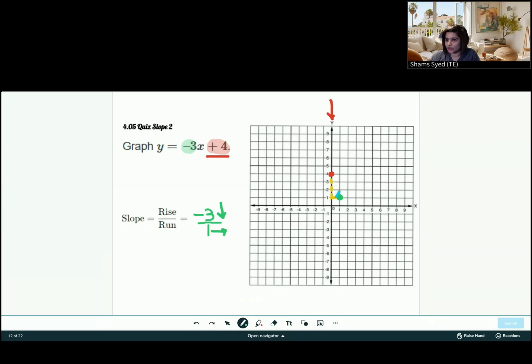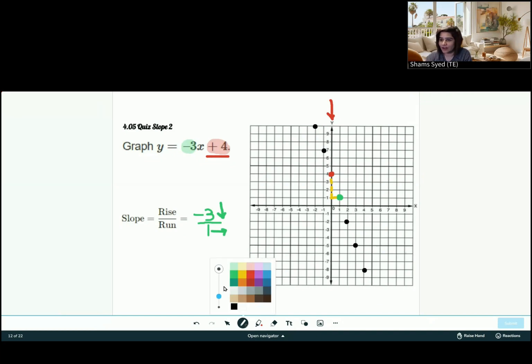Down 3 over 1. If you want, you can also create a lot more points out of this technique. Go down 3 over 1, down 3 over 1, down 3 over 1. And then the other way, go up 3, over 1, and so on and so forth. I can tell it is going to make a very straight line.